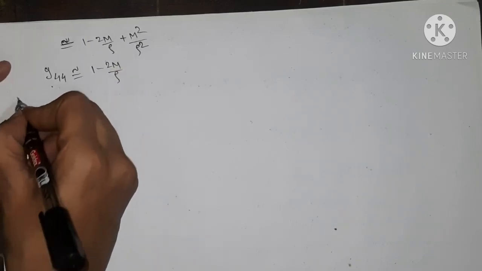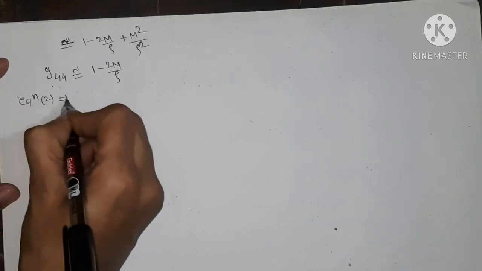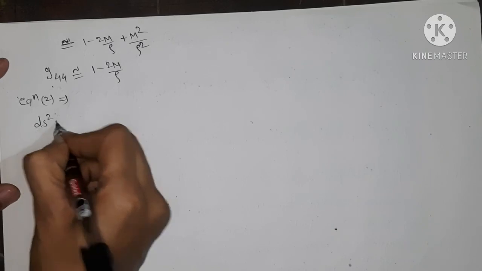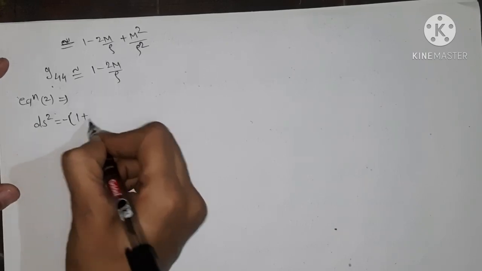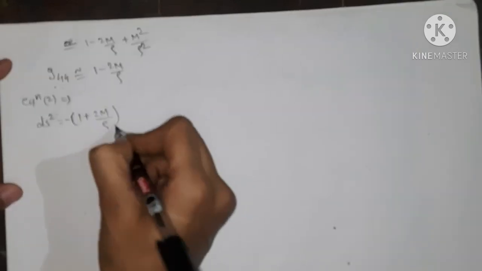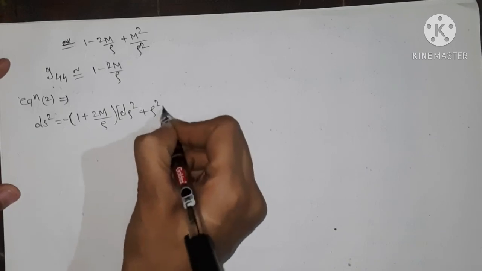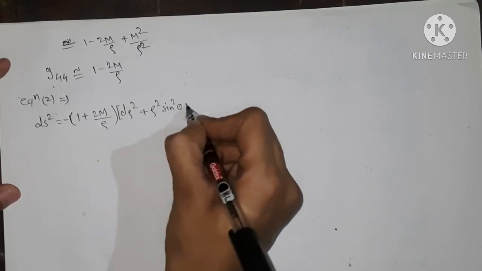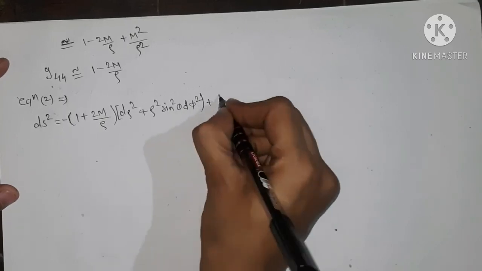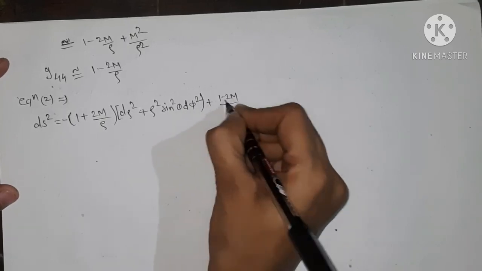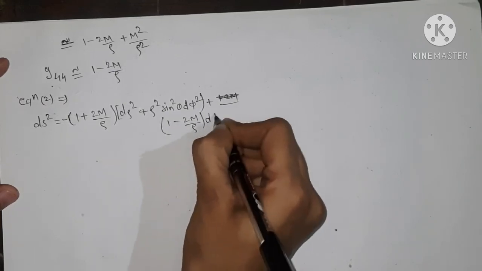Hence our isotropic form takes the form, that is, equation 2 implies dS square equals minus in bracket 1 plus twice m upon rho, in bracket d rho square plus rho square sine square theta d phi square, plus 1 minus twice m upon rho dt square.